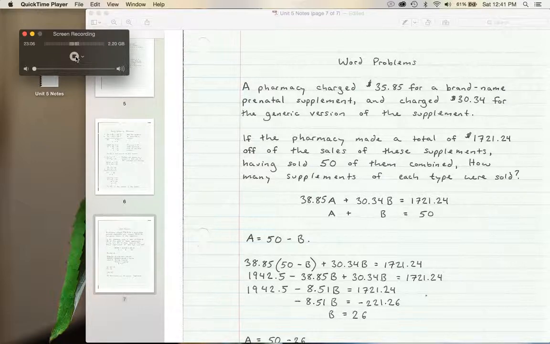I do want to have a look at this word problem, but I want to express to you from the beginning that since this word problem is appearing in the system of equations unit, you can have a clue that you're going to need to create your own system of equations with the data in the word problem. Once you've created that system, you can solve it by any method that you like best.